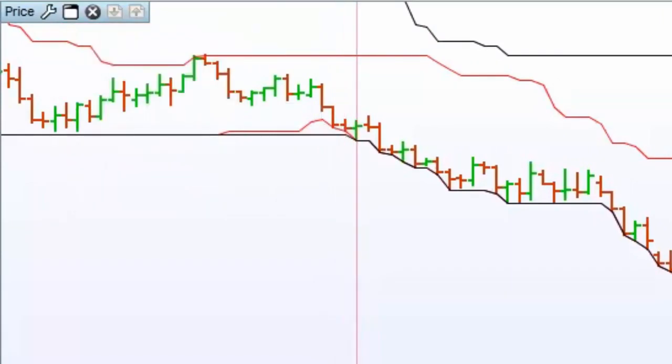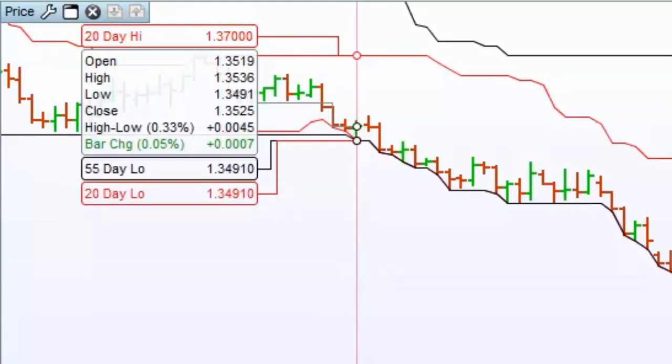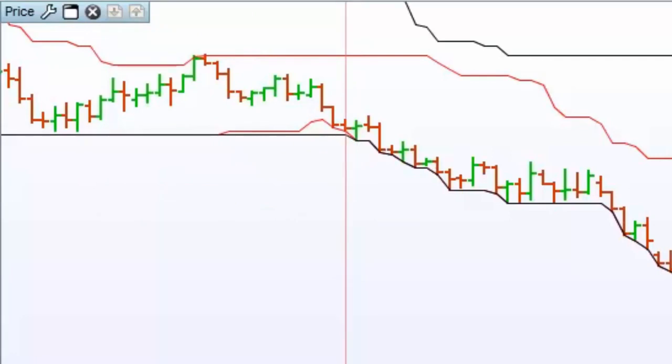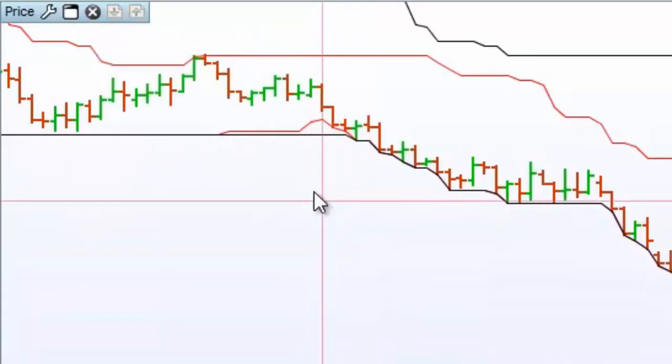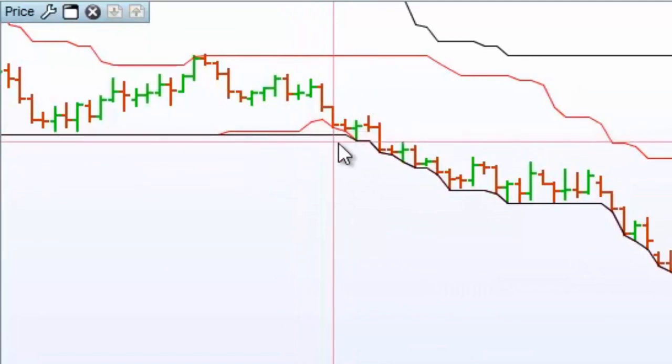But the next day, we get short on a break of the 55-day low. Okay? Why? We had a sideways setup, we had a rising ADX, and price action near the 55-day low. So this is an example of using the 55-day low to enter the market.